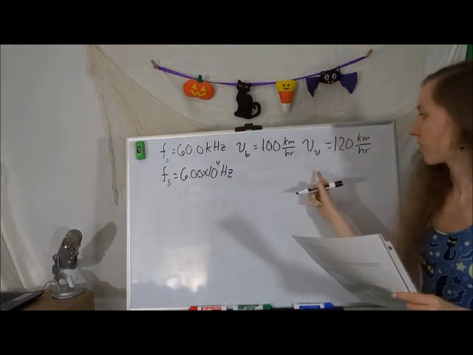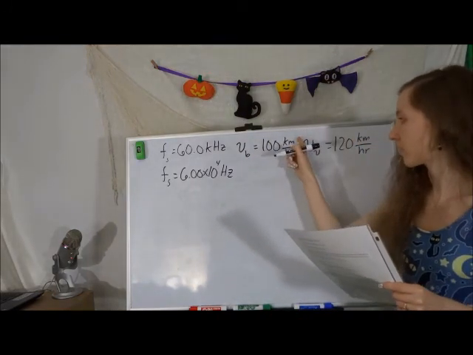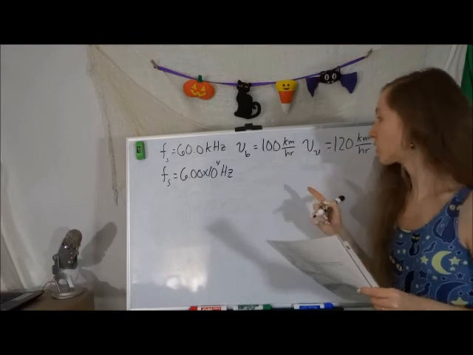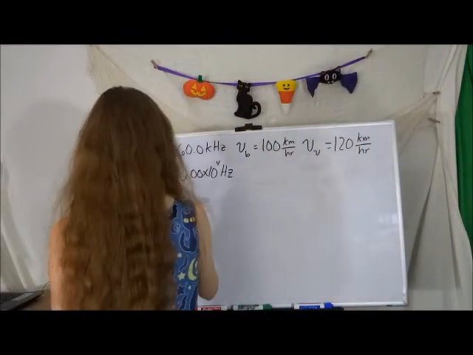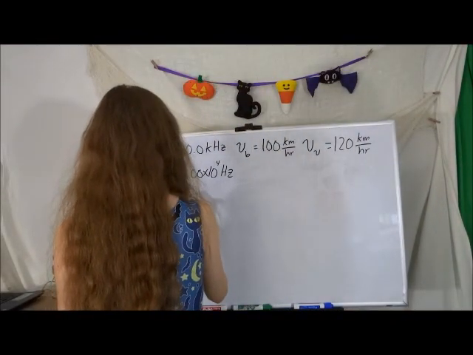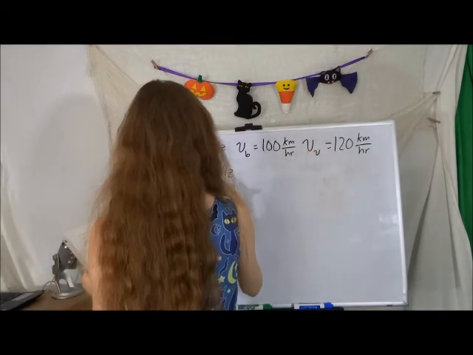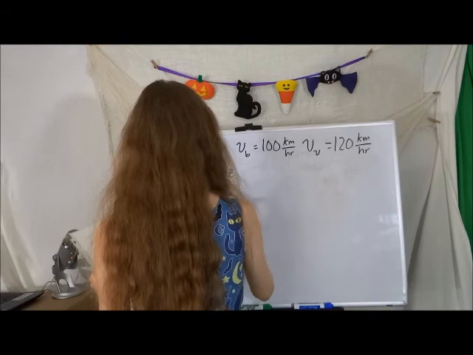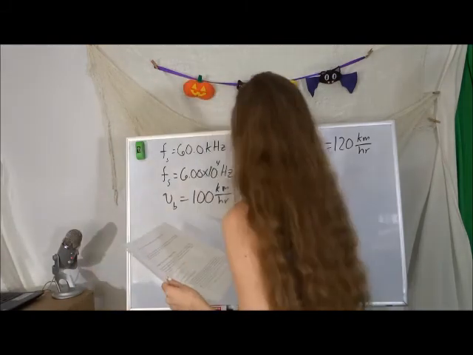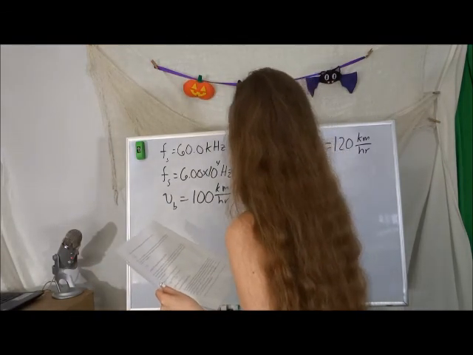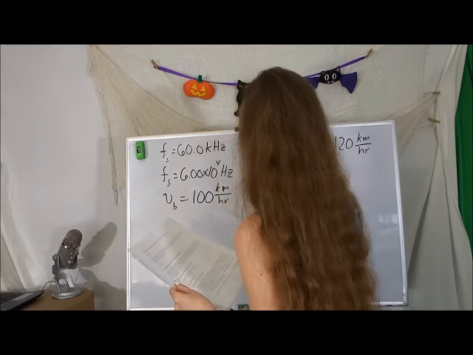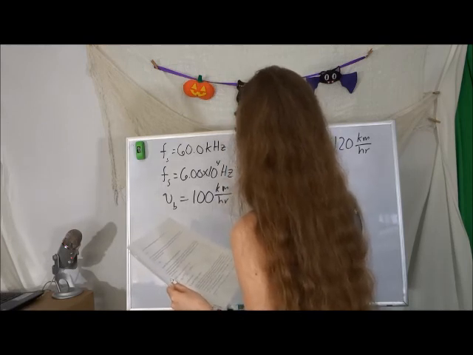Now, these two are going to be a little bit more involved to convert because we have to convert kilometers to meters and hours to seconds. So we'll do an example with the bat, and the vampire works the exact same way. So we have 100 kilometers per hour. Now we have 1,000 meters in a kilometer.